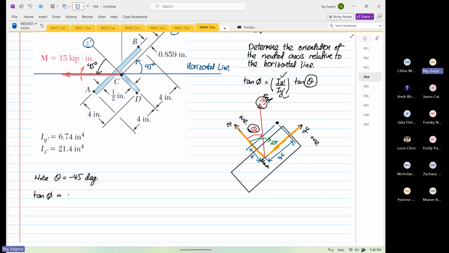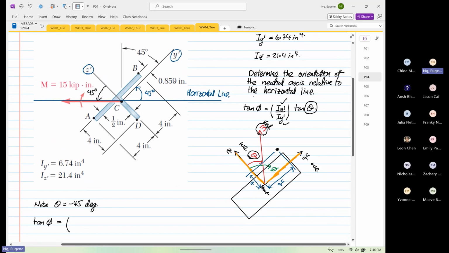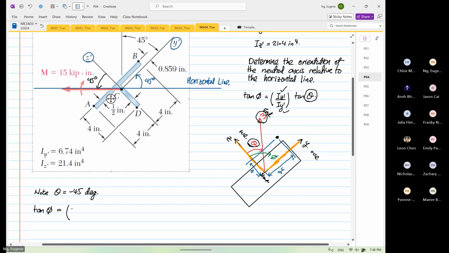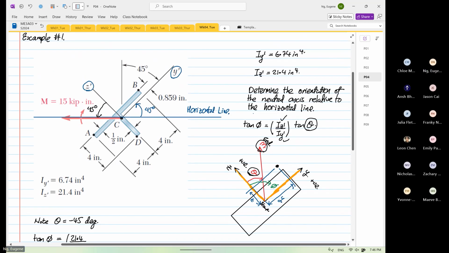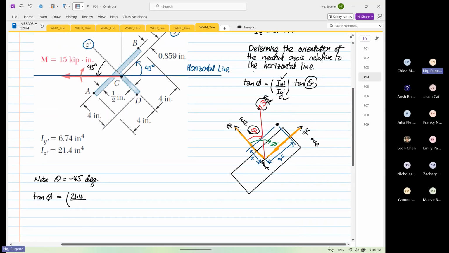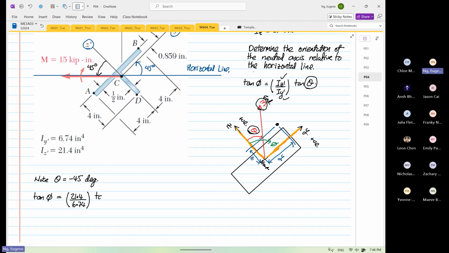is equal to Iz prime. So Iz prime is 21.4 divided by 6.74, and this will be multiplied by tangent minus 45.